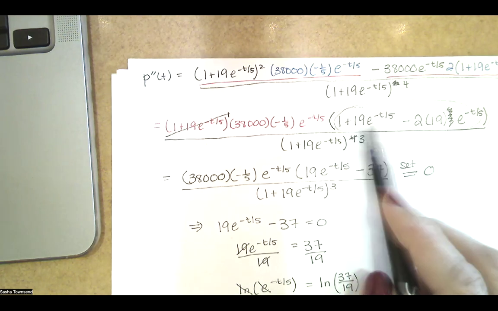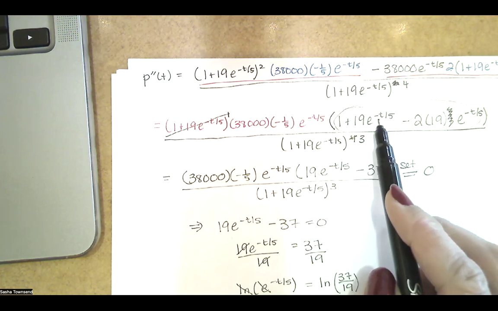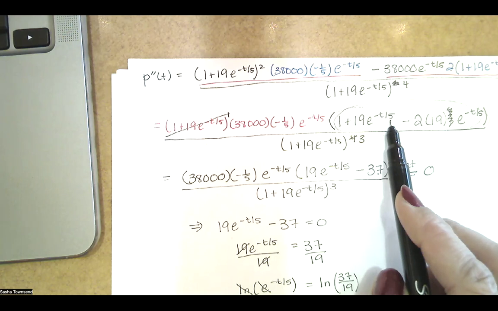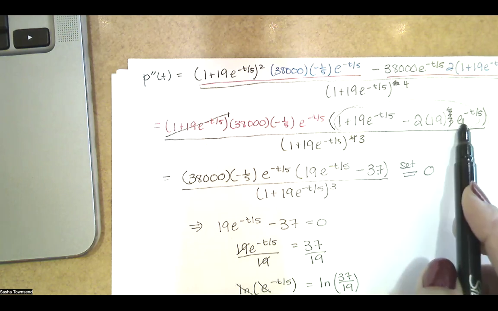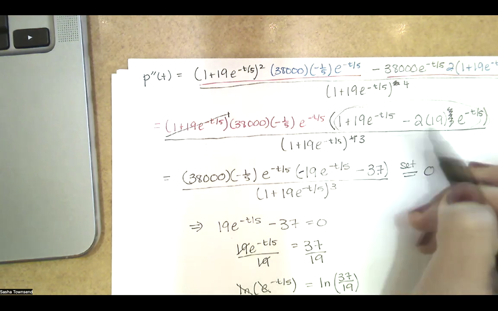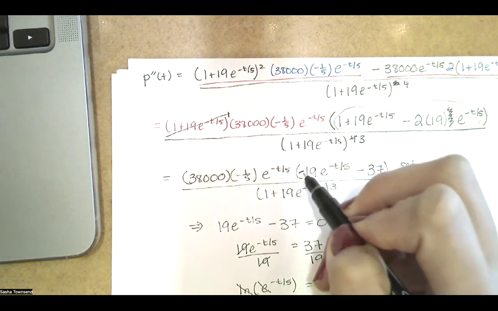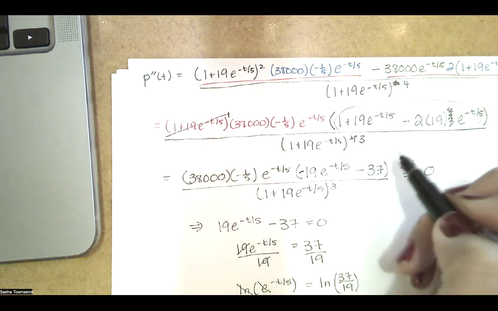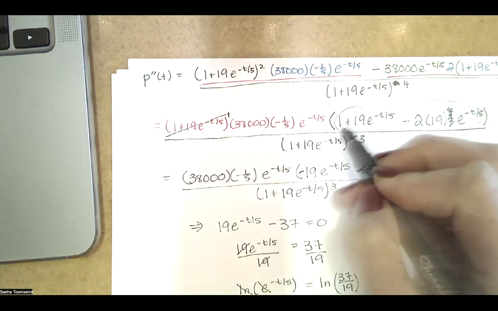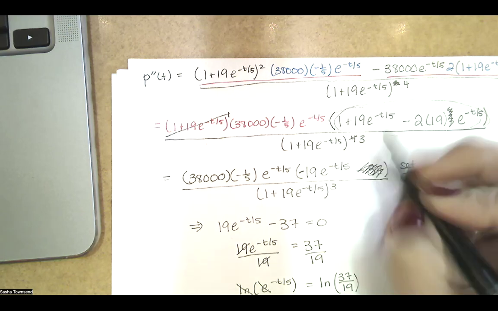This is 19 times e to the negative t divided by 5 minus 38 of the same thing. So that's actually going to give us a negative 19 minus 2 times 19 of those is going to give us negative 1 times 19 of those. And then we'll just have the 1. So I don't have the 1 minus the 37 or the 38 anymore to give us a 37.